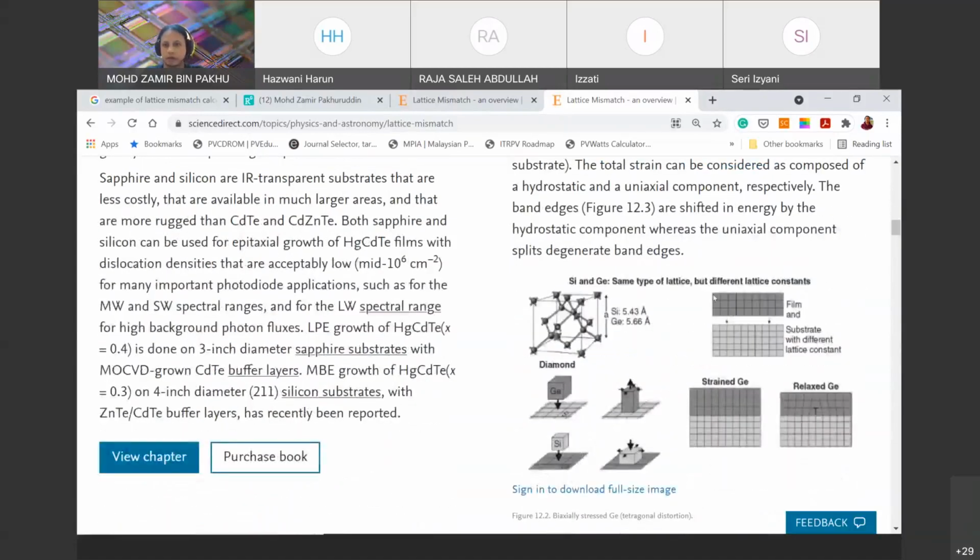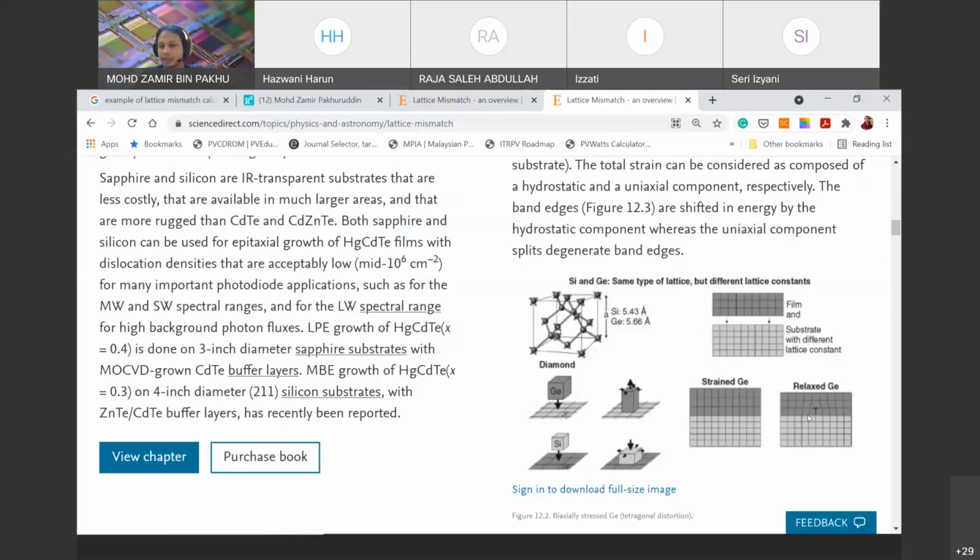You can come here, okay, you can see here. I'm pointing now to silicon germanium. You can see you can grow epitaxial germanium on silicon. The film is on top, the dark gray, and then the substrate with slightly different lattice constant is in light gray. If you combine them together, they look like this, or they can be relaxed germanium as well at the interface.